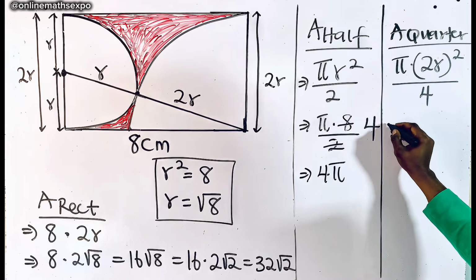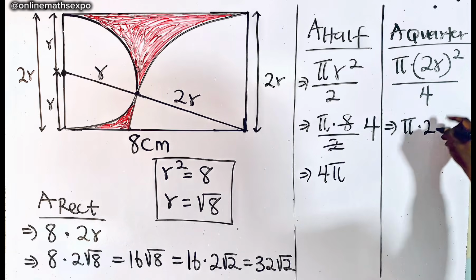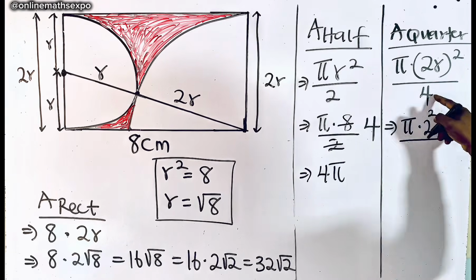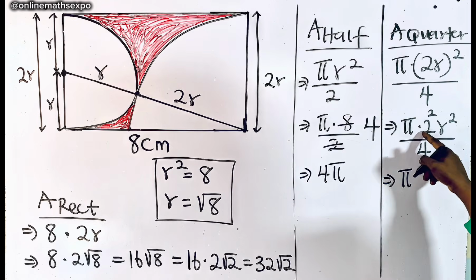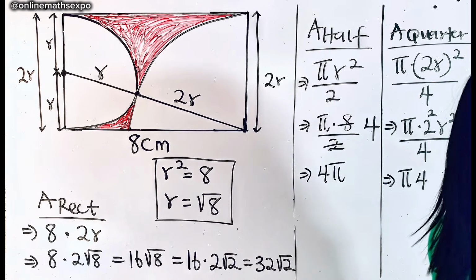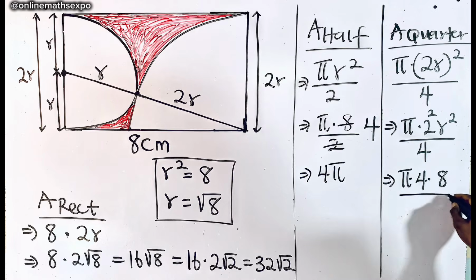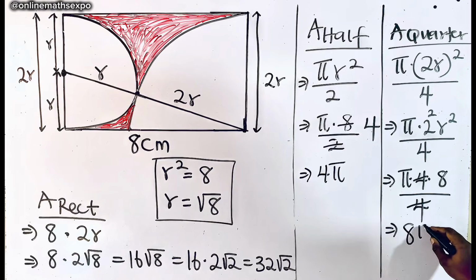So simplify this, we are going to have pi, 2 squared, and then r squared, and you are dividing by 4. Simplify, we have pi, 2 squared gives us 4. Our r squared from here is 8. So we have multiply this by 8 and then divide by 4. This will cancel out. We are going to have, multiply this, it gives you 8 pi.